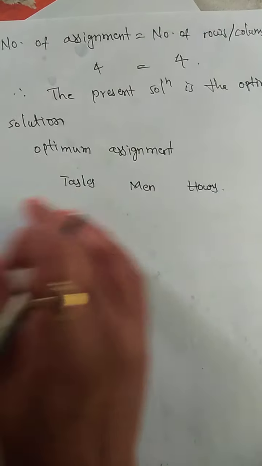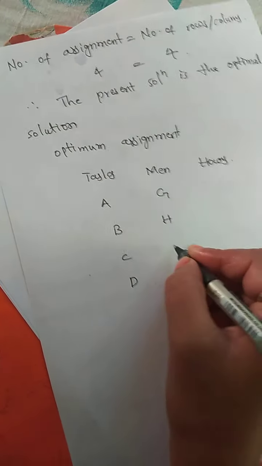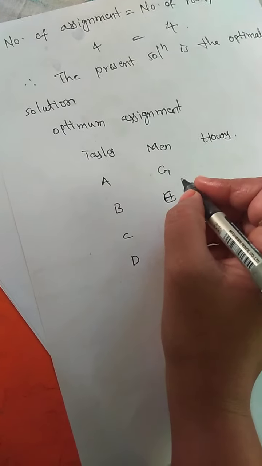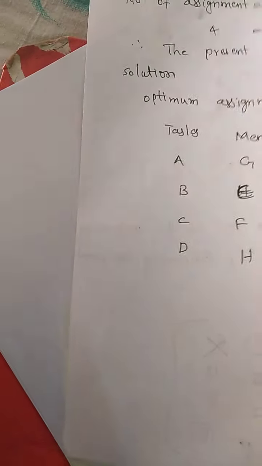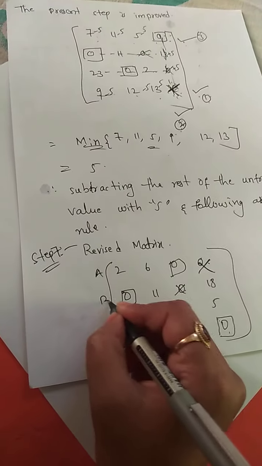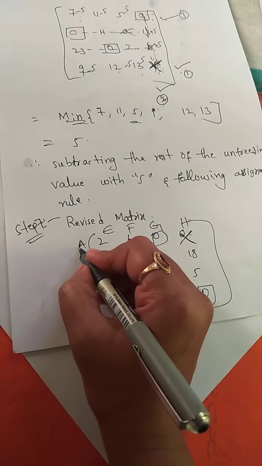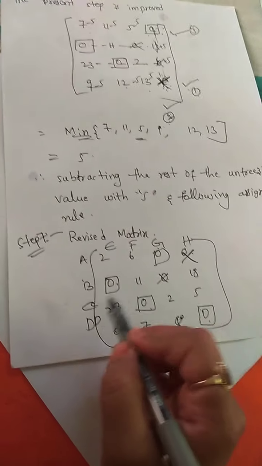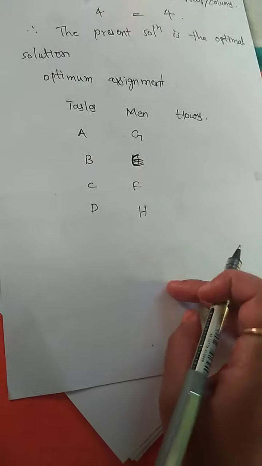Here the tasks are A, B, C, D and the men are E, F, G, H. How we can select it: A for G, B for E, C for F, D for H.